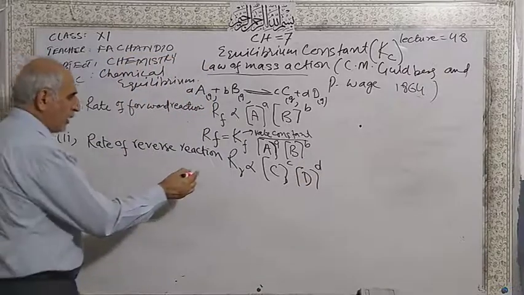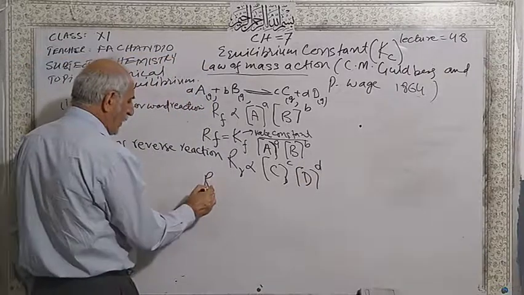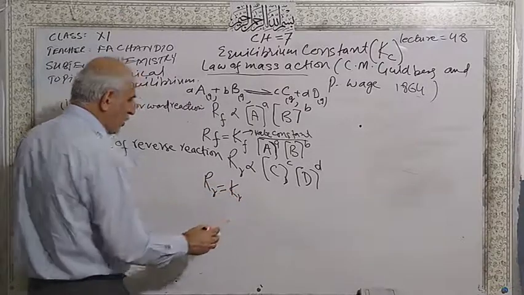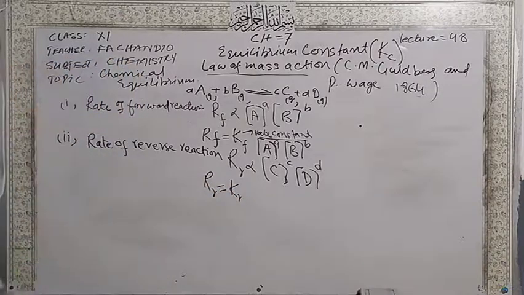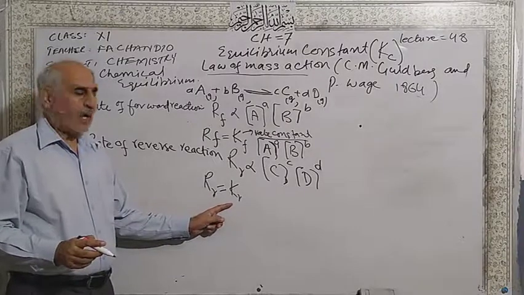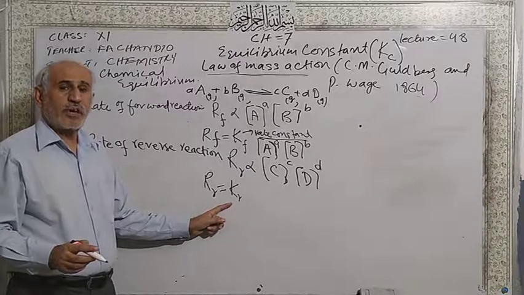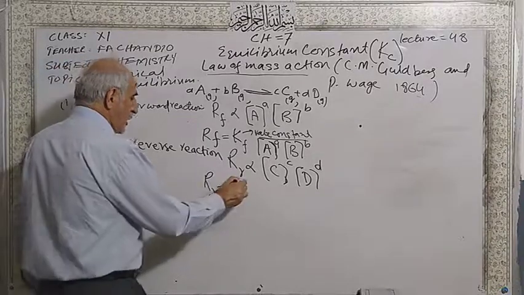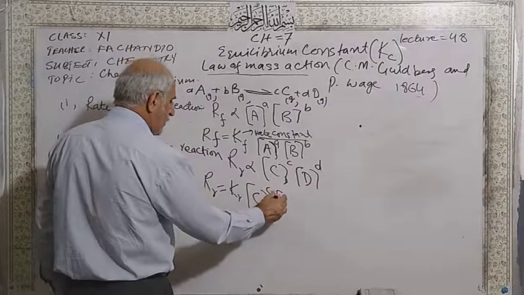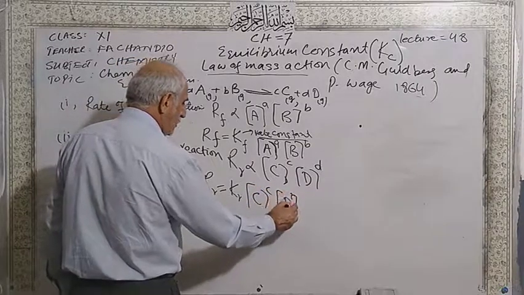So the rate of the reverse reaction must be equal to Kr. I already told you that K is a rate constant, and this is the rate constant for the reverse reaction, or the reverse step, times the concentration of C to the power c and the concentration of D to the power d.